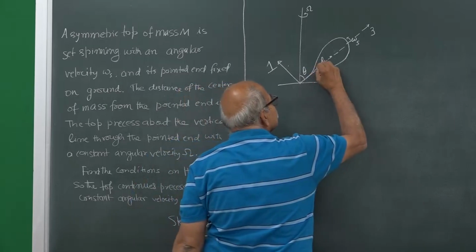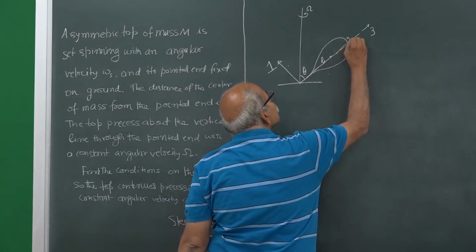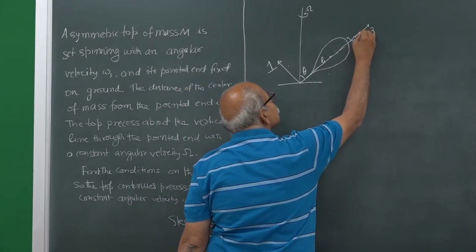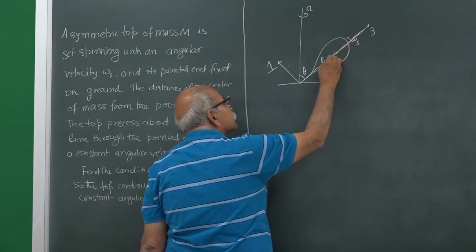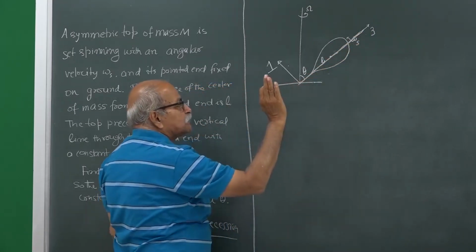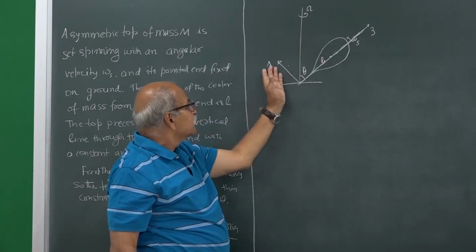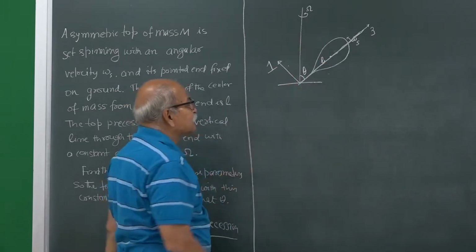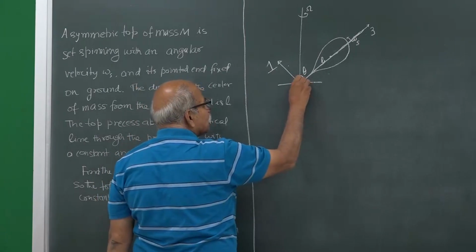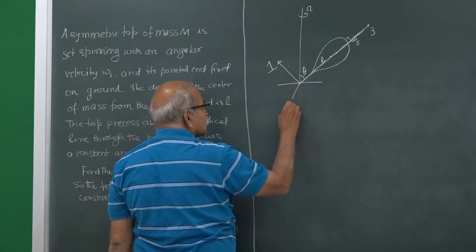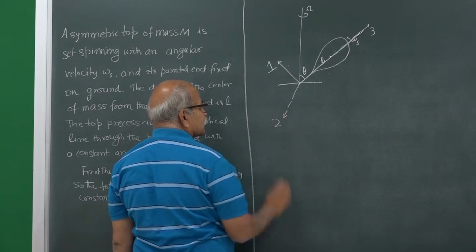So, this is our 3 axis. When it precesses, it goes somewhere else behind the board, let us say, then this comes out of the board, and perpendicular to these two will be our 2 axis. So, this will be the 2 axis.